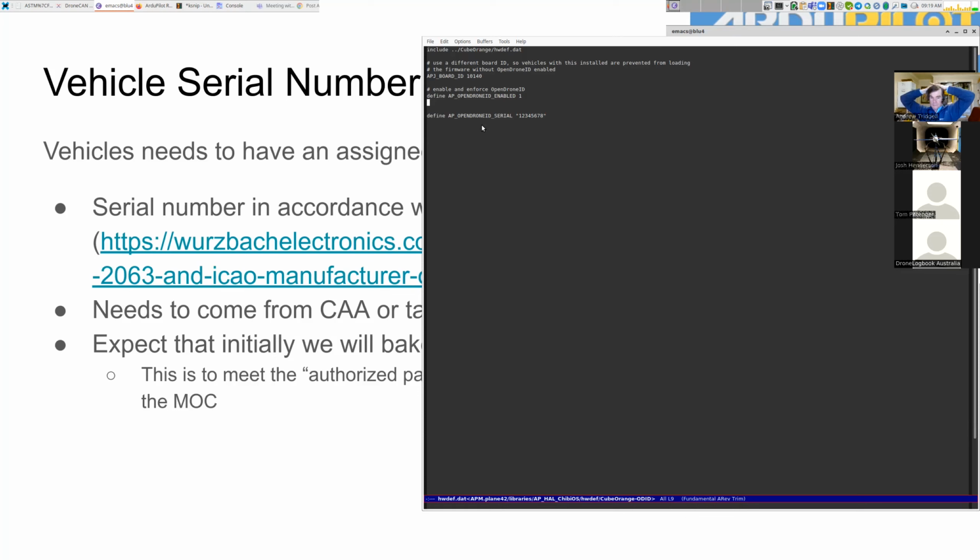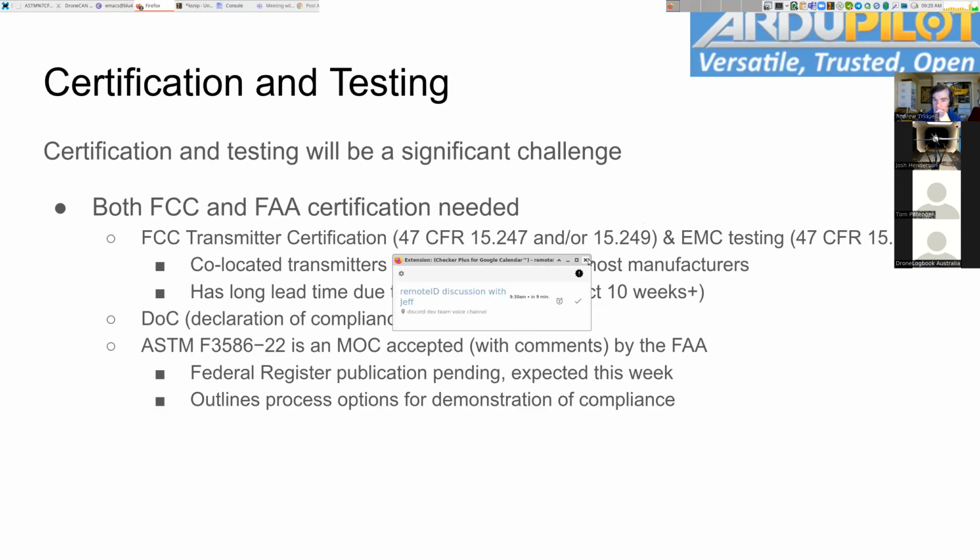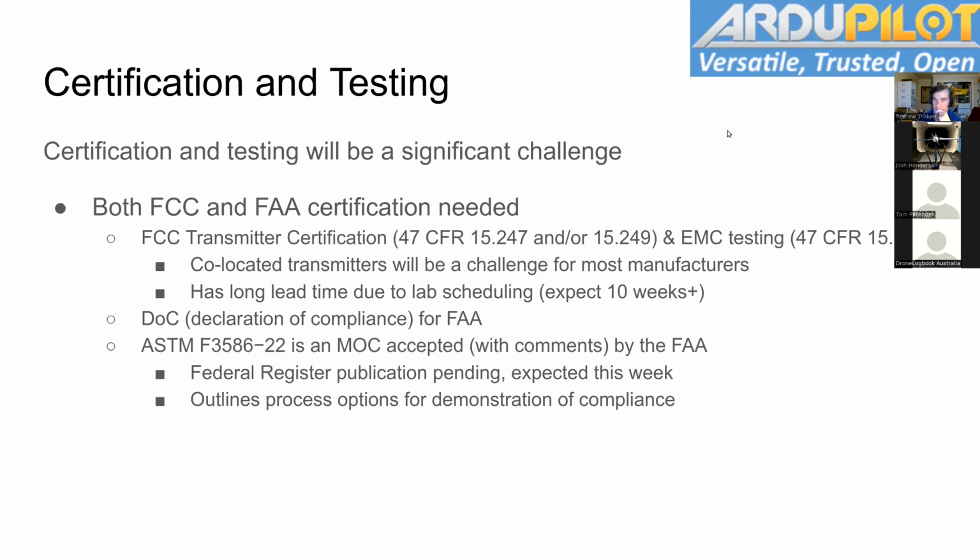Yep, thanks. All right. So certification and testing, and this is a big one. I might hand over to you, Jeff, for discussion of this. Okay. So one of the big significant things the FAA put down in Part 89 is that you need to have your FCC paperwork done, which means you need to have EMC testing, and you also need to have any transmitter testing done.